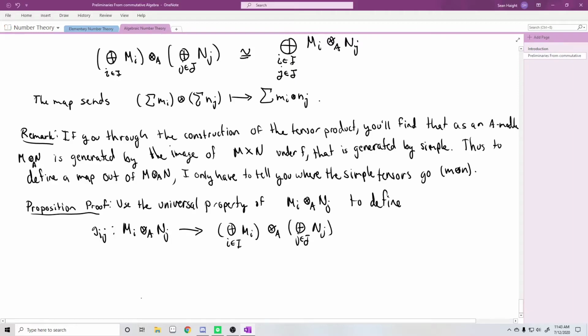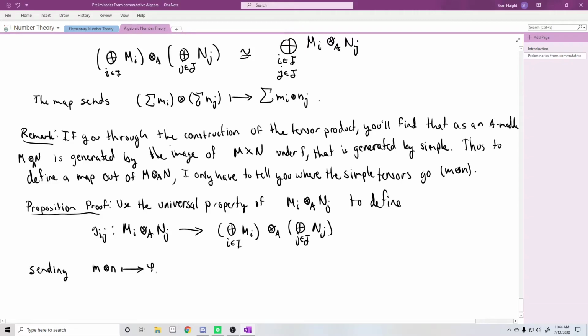Essentially the map, again, I only have to tell you what it does to a simple tensor. It's going to send little m tensor little n to, well, M_i embeds in this direct sum.